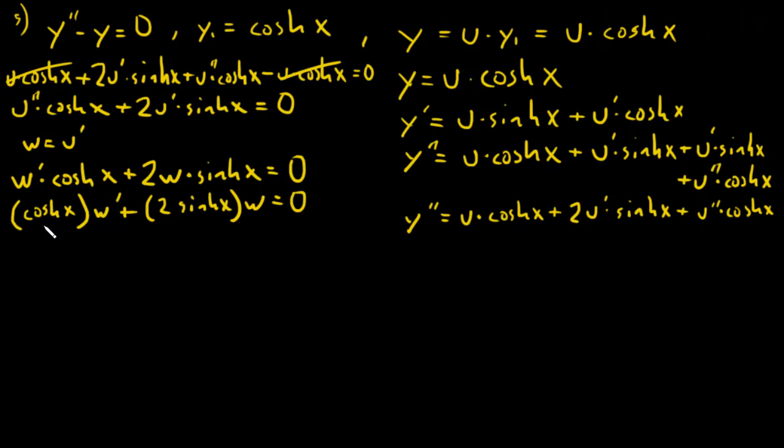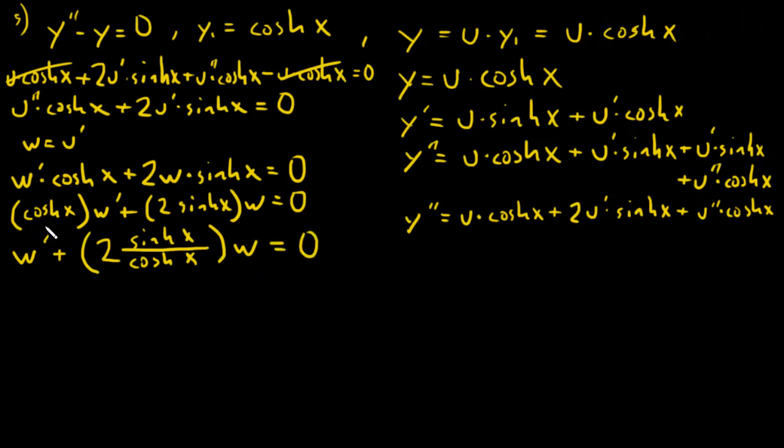So I'm going to divide every term by this hyperbolic cosine of x. So I'm going to get w prime plus 2 hyperbolic sine x divided by hyperbolic cosine x, that should be a plus sign, times w equals 0.